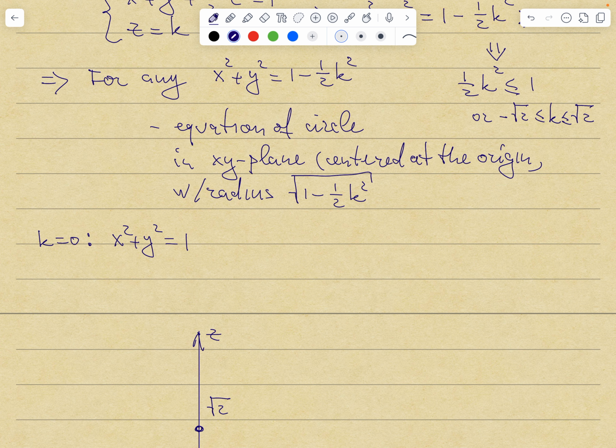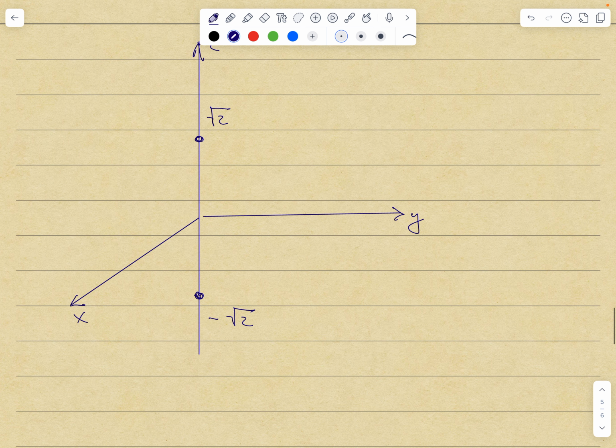And that's a circle of radius 1. K is equal to 0, so I'm in the xy plane. And so I'm going to get something like this. And this is 1, and that is 1.